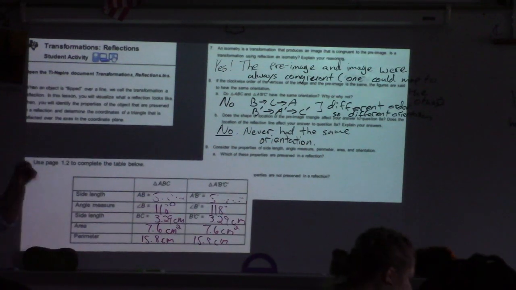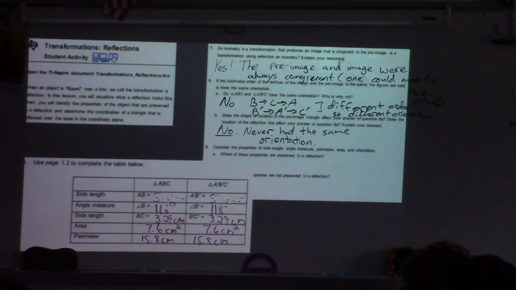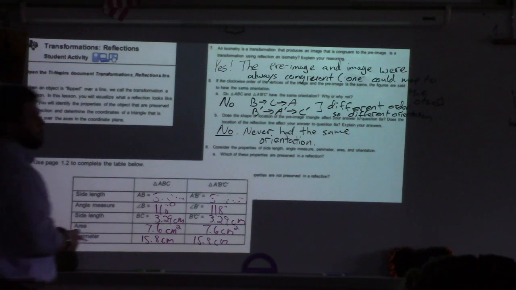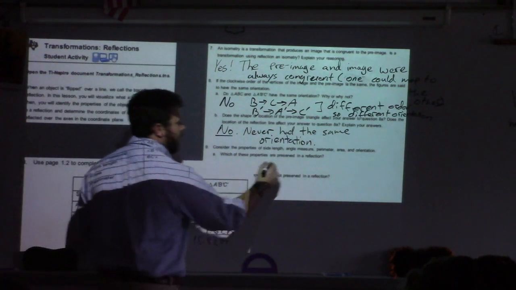This number 9 is the final thing we're going to focus on before we move to rotations: the properties that are preserved. It looks like some of us are still writing, which I appreciate. What do we mean by preserved?